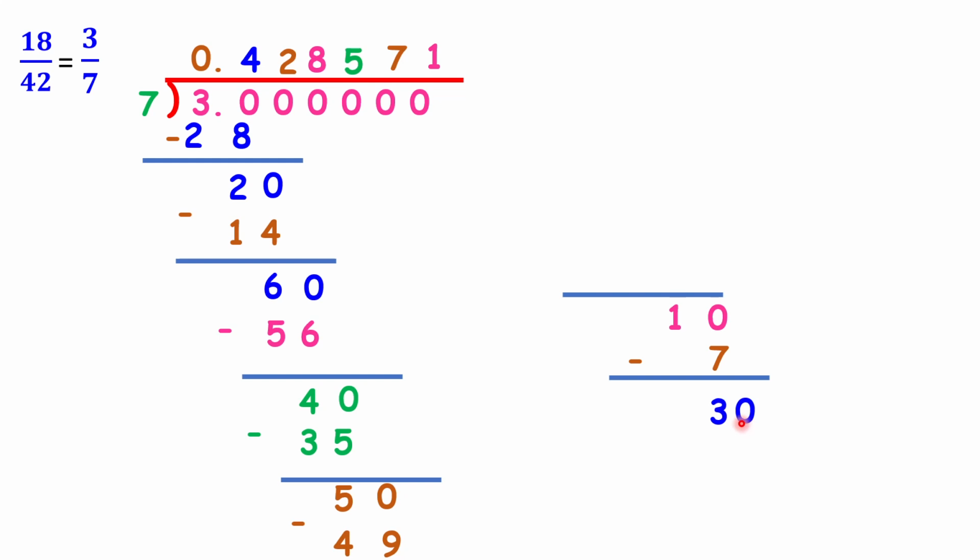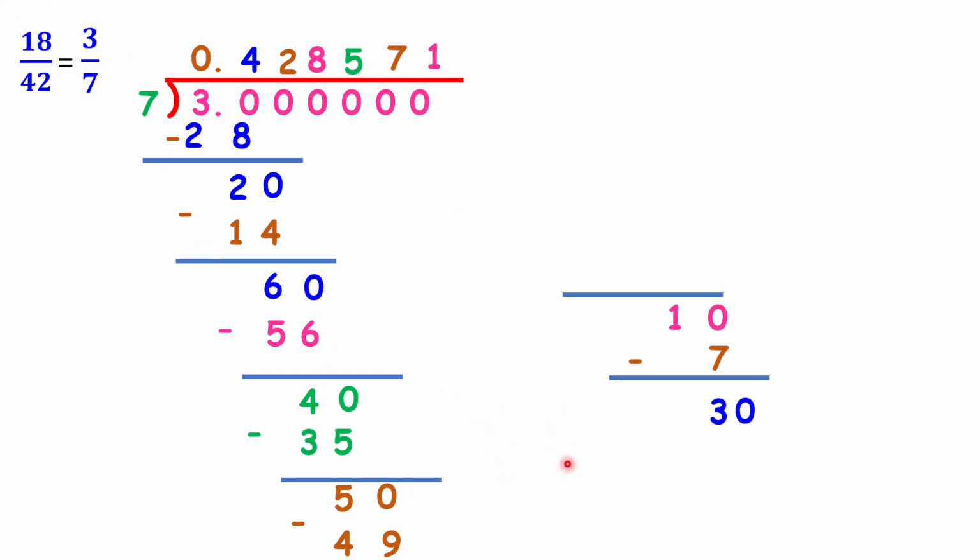Then write here 0. The number becomes 30. Here the division starts again from 30. So if we continue the process of division, the digits repeat like this: 4 2 8 5 7 1.